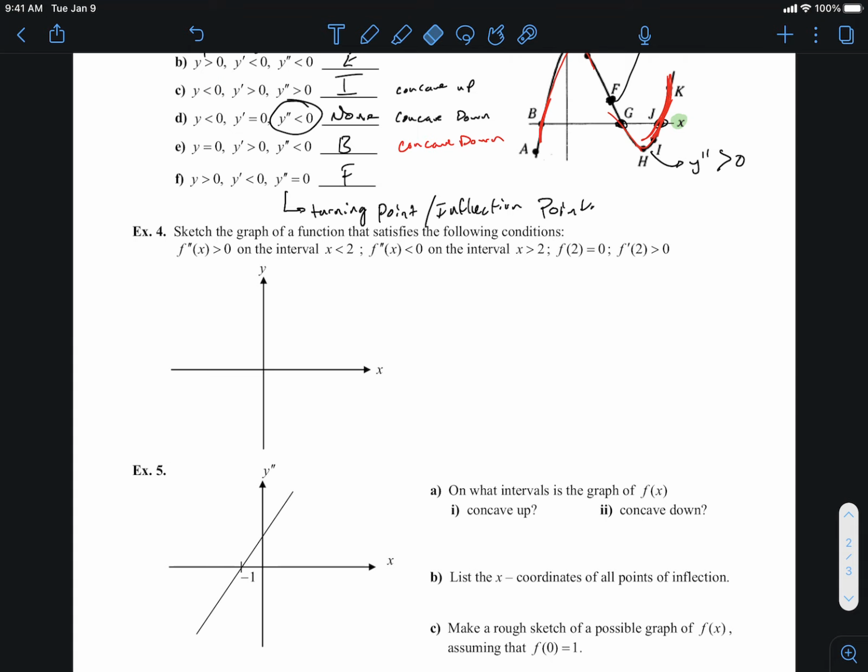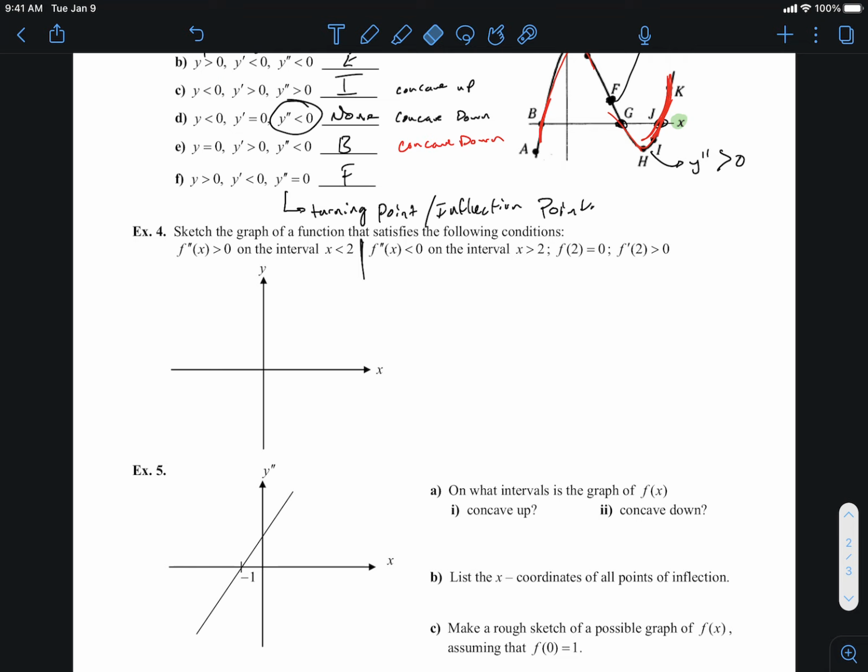So that means we want the graph to be concave up there. Sorry, on the interval x less than 2, it's concave up.